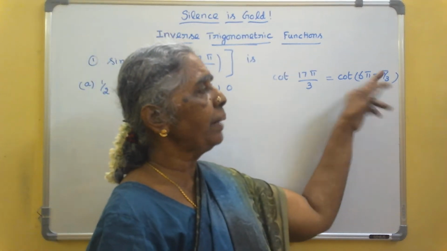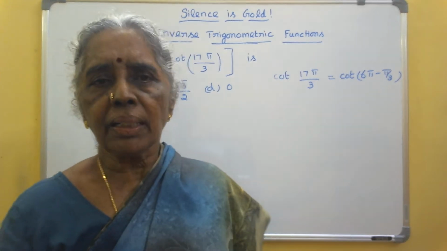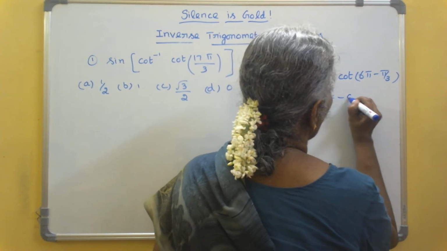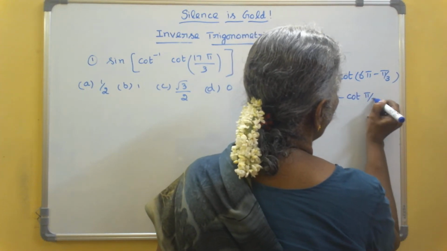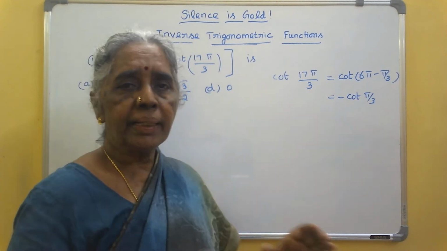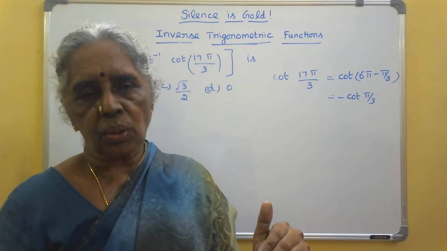Now 6 pi minus pi by 3 comes in the 4th quadrant. Cot theta is negative in the 4th quadrant. So you will be getting here minus cot pi by 3. Now I want to write it as cot of something which will be in the principal value branch.